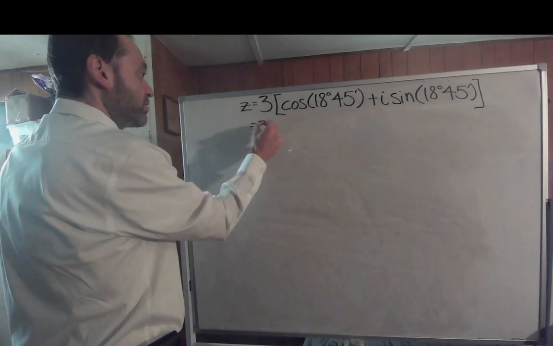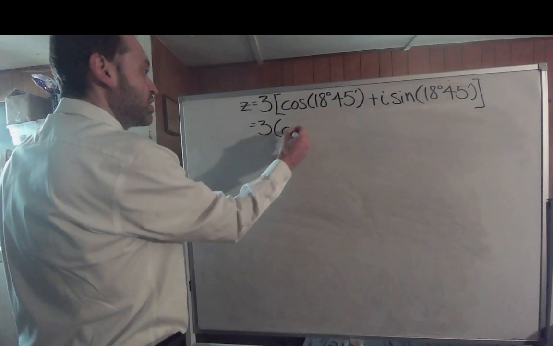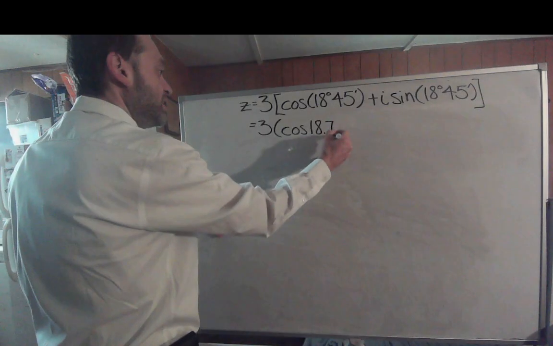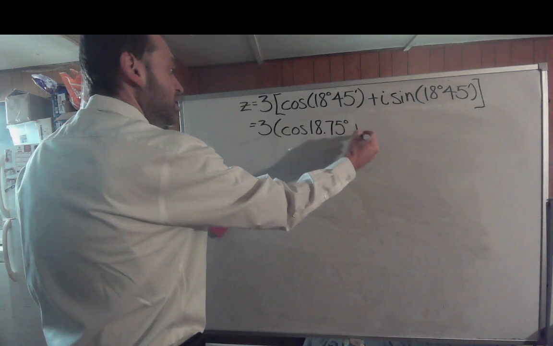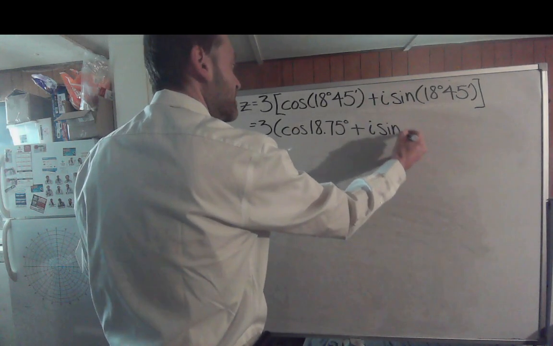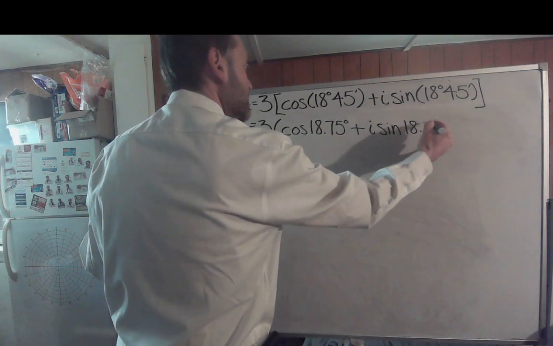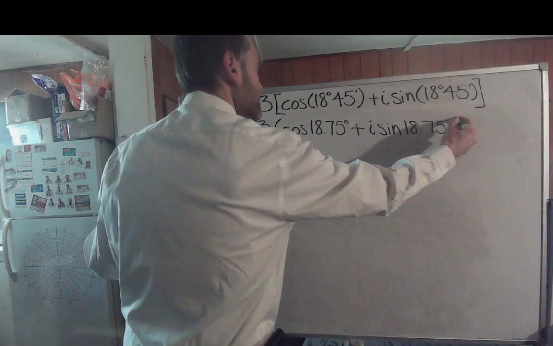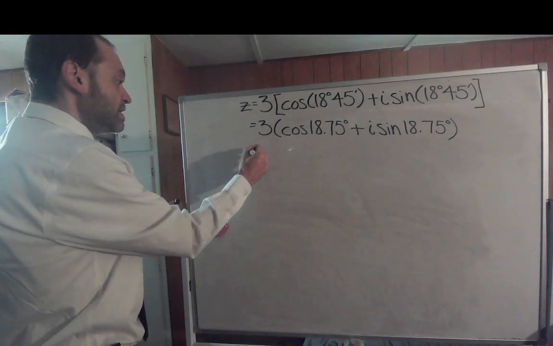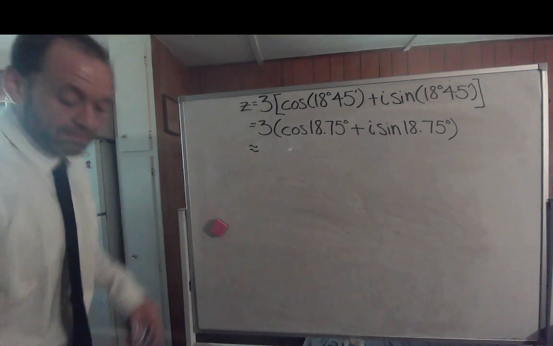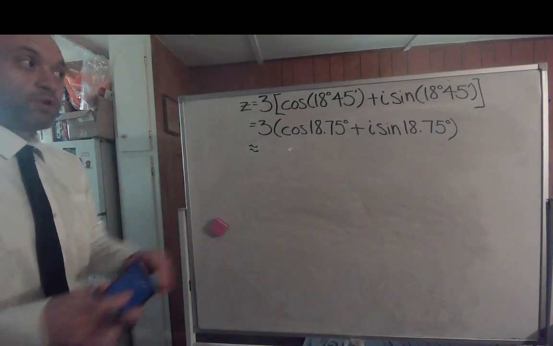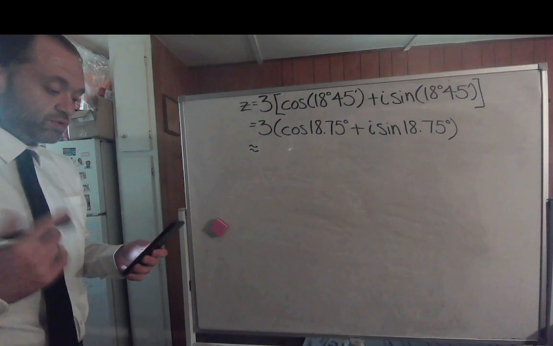So this can be rewritten as 3 times the cosine of 18.75 degrees plus i times the sine of 18.75 degrees. Now, I'm going to take my initial result to 4 decimal places, but I'm going to round the final result to 2 decimal places.